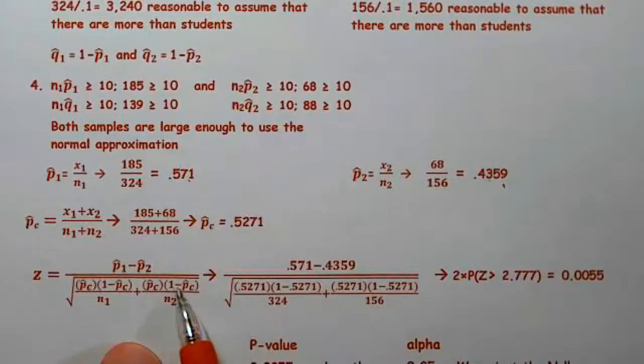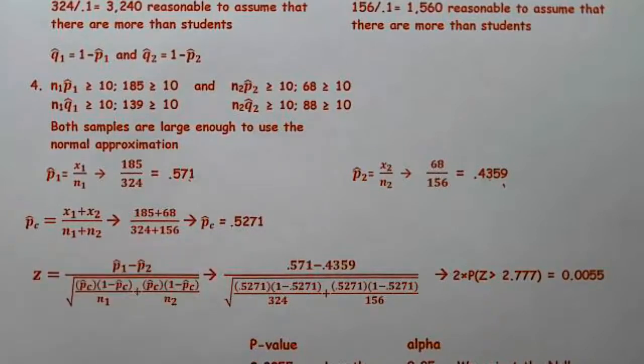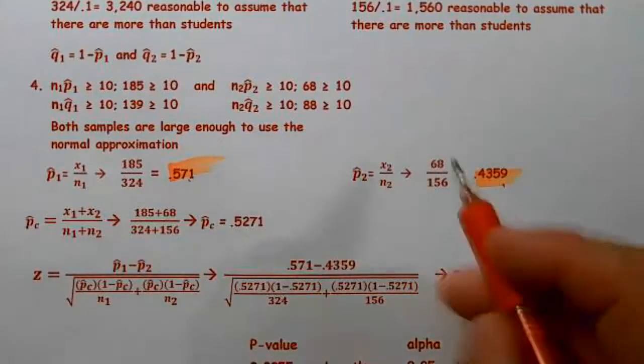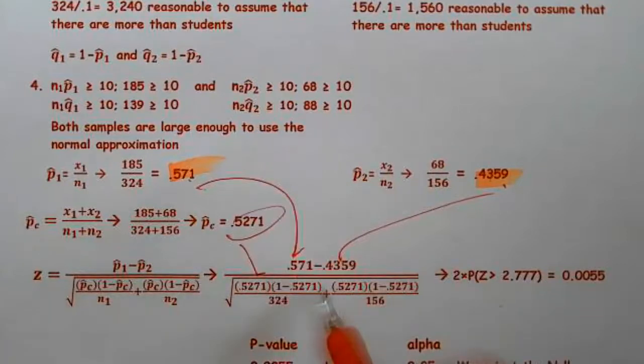So plugging into my formula, I have my first proportion here and my second proportion there. And then my combined, 1 minus combined, combined, 1 minus combined, first sample size, second sample size.